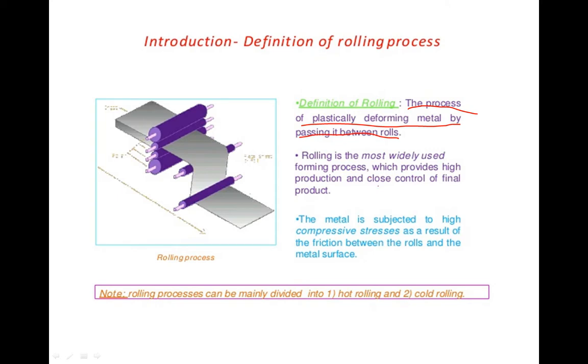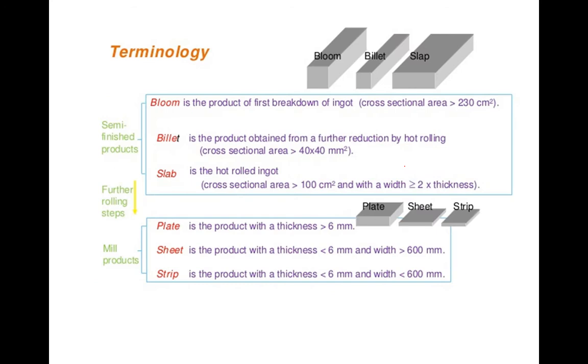That's why it is a forming process which provides high production and close control of the final product. The metal is subjected to high compressive forces as a result of the friction between the rolls and the workpiece surface. There are basically two types of rolling: one is hot rolling, another is cold rolling.